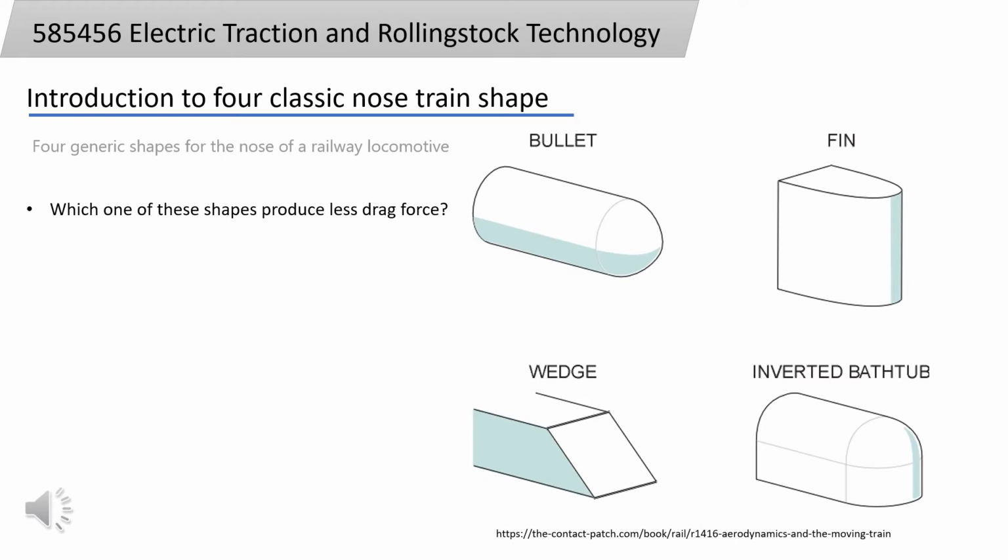And each is a different type of nose train shape used in different countries, which we need to study and learn about, because it is so important to the speed of the train. Could you tell us which of these shapes produces the least drag force?